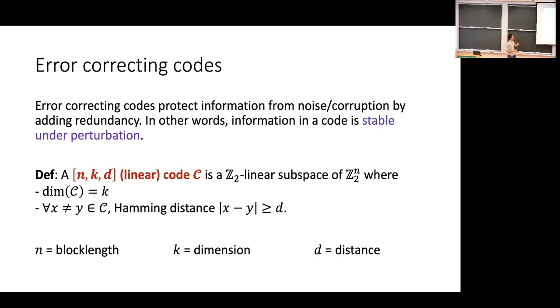The important thing is that the subspace has a nice property where if you take any two distinct points in the subspace and you look at their Hamming distance, it's at least d. So n is the block length, that's error correcting code terminology, the number of bits that you're sending across your channel. k is the number of bits of the message that you originally wanted to send. And d is called the distance.